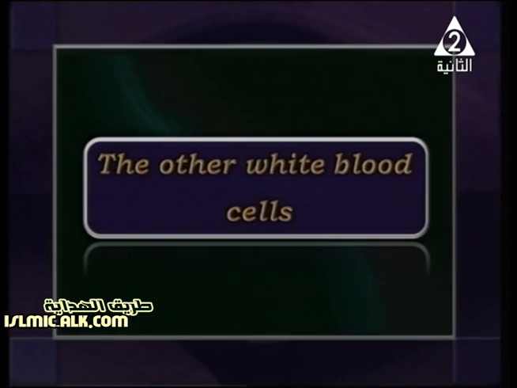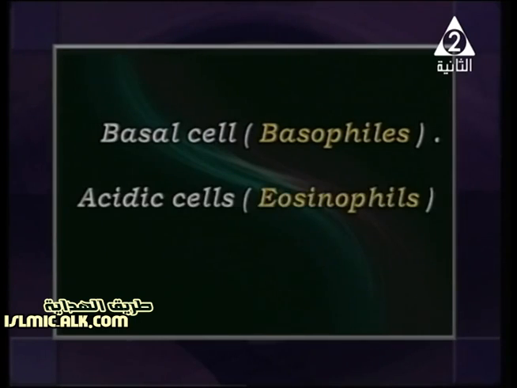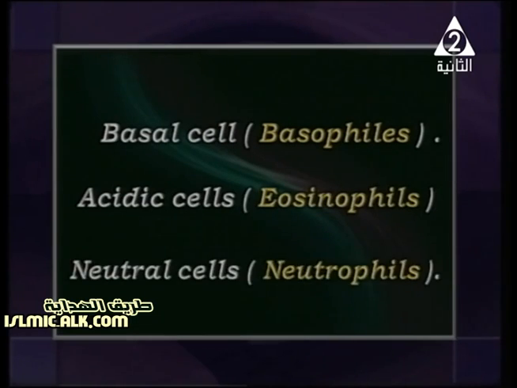The other white blood cells inside our body are such as basal cells, called basophils. Also we have acidic cells, or eosinophils. We have also neutral cells, or neutrophils.